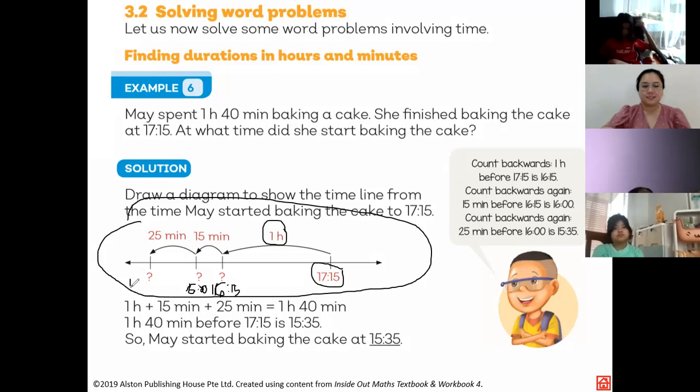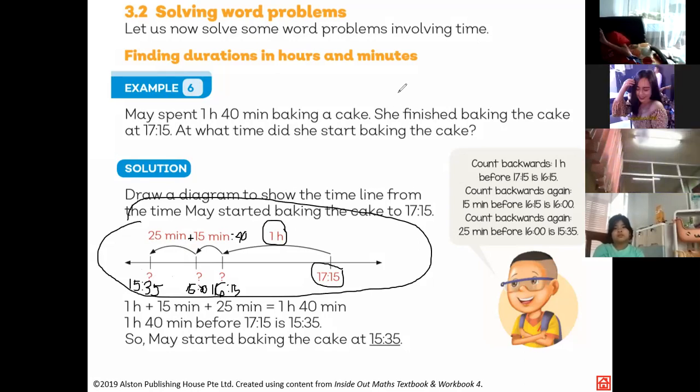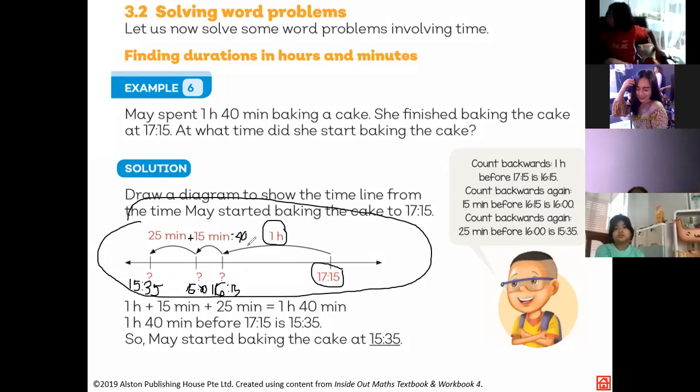That's 15:35. So 15 plus 25 is equal to 40, right? Again, 25 plus 15 is equal to 40, so that's 40 minutes.